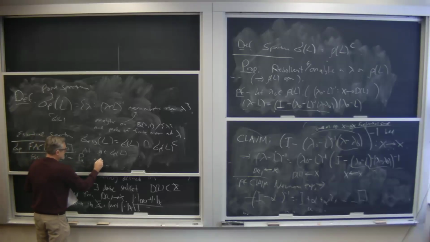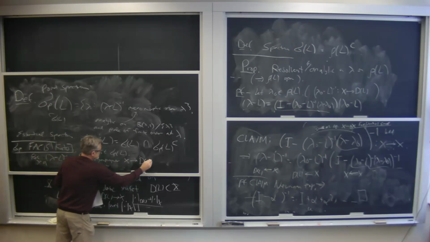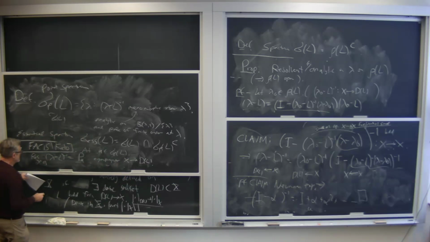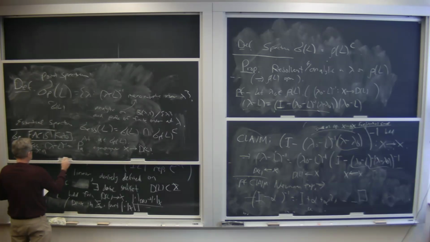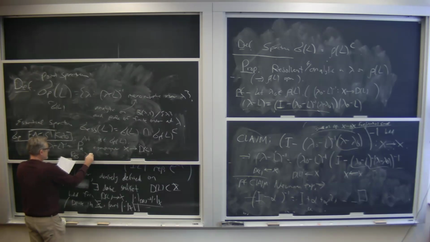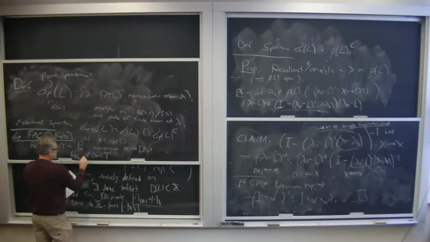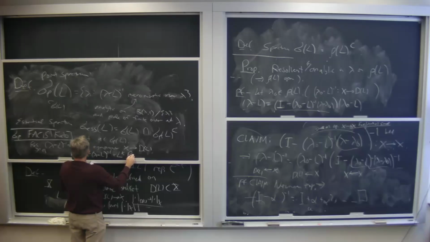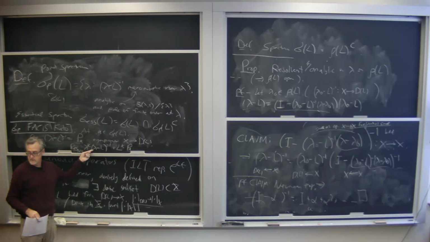It's a projector. It takes X to the eigenspace of L. And also the residue of lambda to the K, lambda minus L inverse at lambda equals A is L to the K of P of A. So it's the operation, lambda replaces the operation of L.